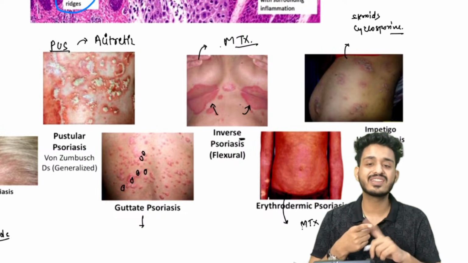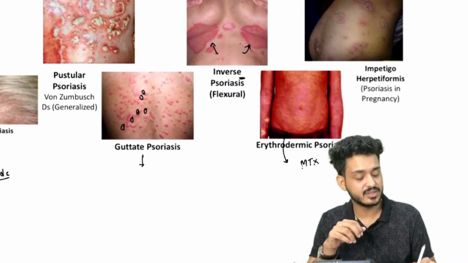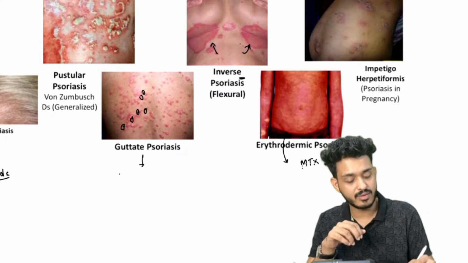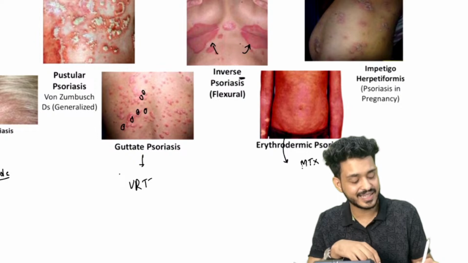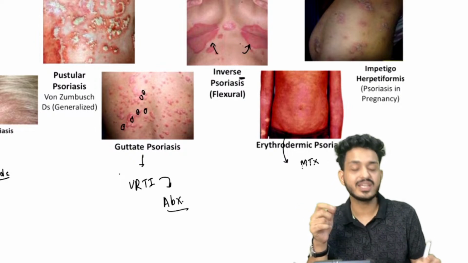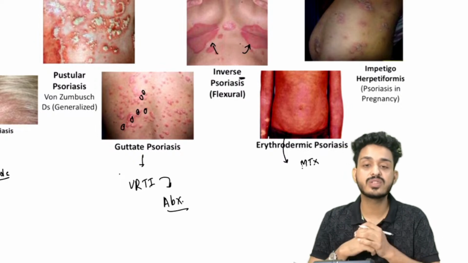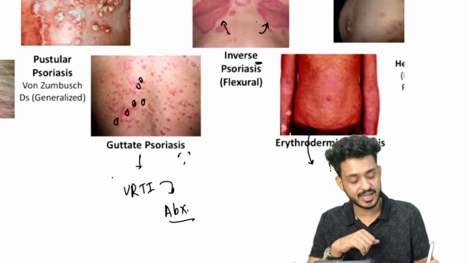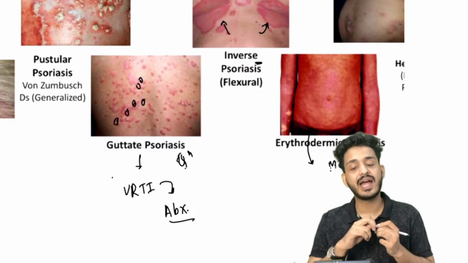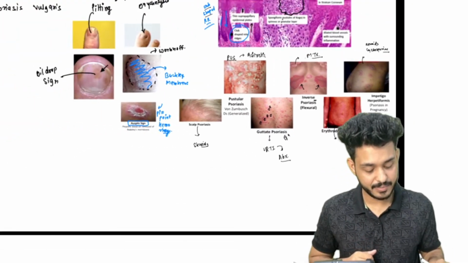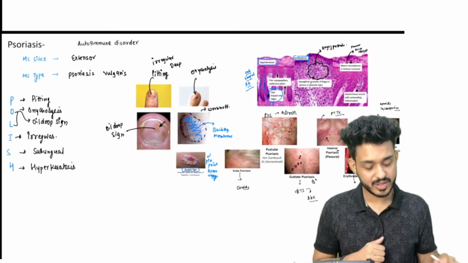You will be getting stuck with them, but guttate psoriasis generally occurs after an upper respiratory tract infection. So you will be using antibiotics, and that is the question the examiner will be asking you. He will be asking the drug of choice in guttate psoriasis, and you will be answering antibiotics. So these are the important points about psoriasis.